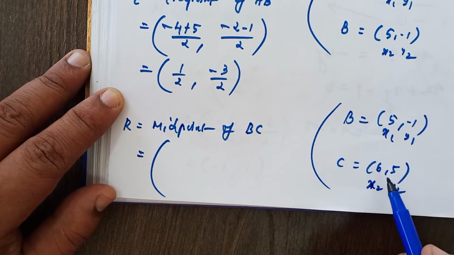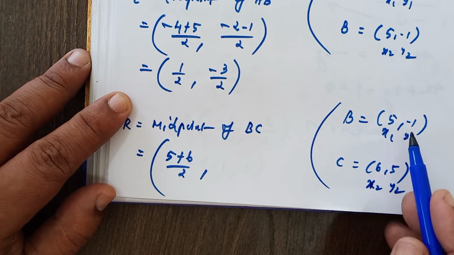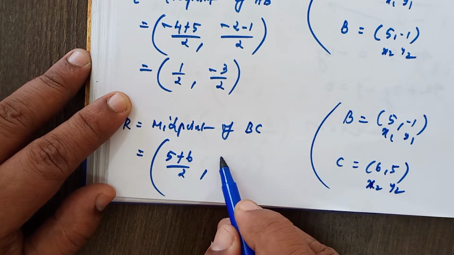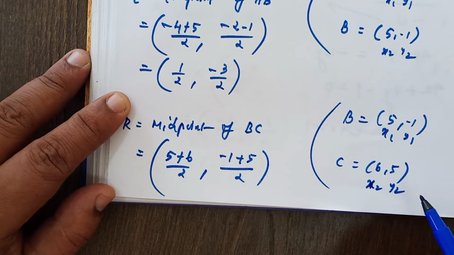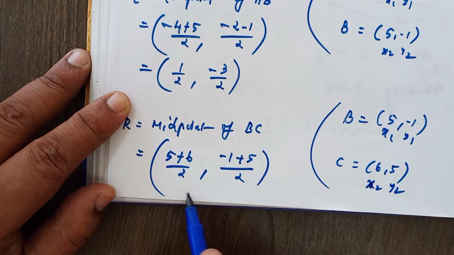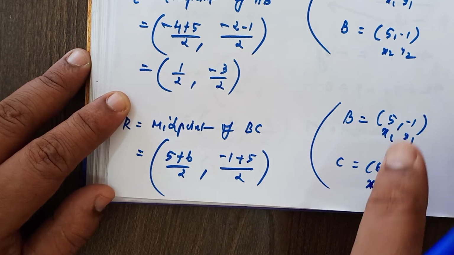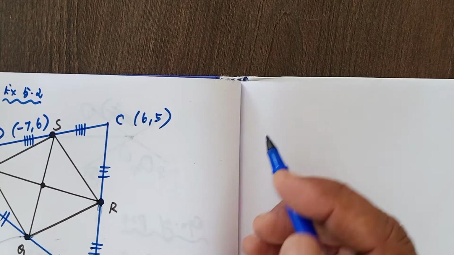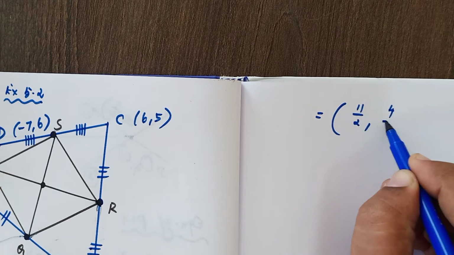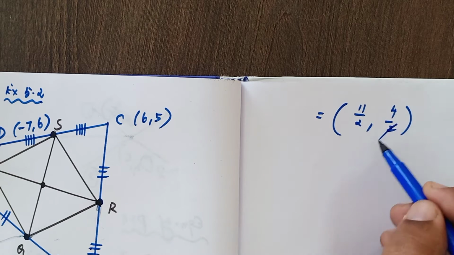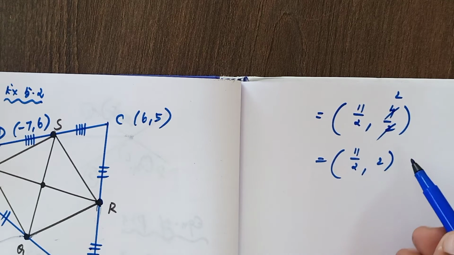Midpoint formula, you know that, x1 plus x2 by 2, 5 plus 6 by 2, comma -1 plus 5 by 2. 5 plus 6 is 11 by 2. This is -1 plus 5, 4 by 2. You can simplify by 2. That is equal to (11/2, 2).